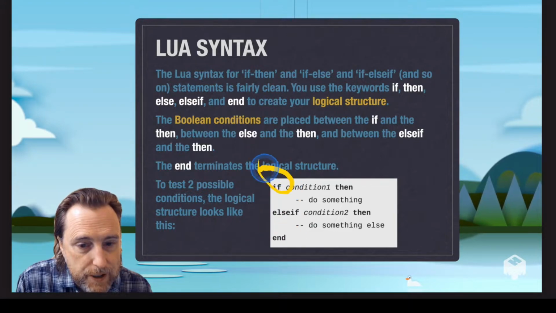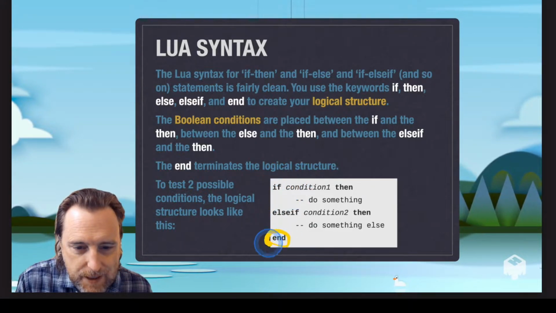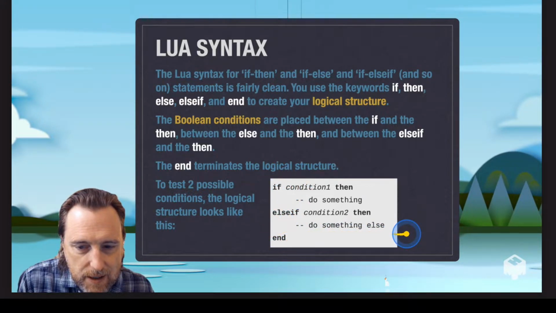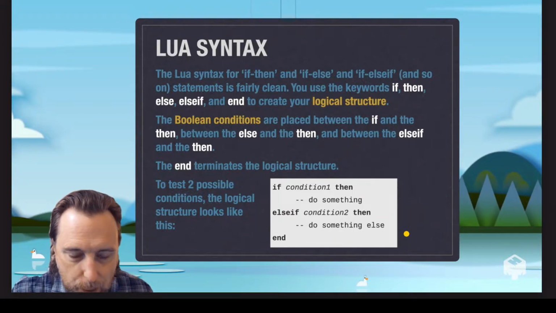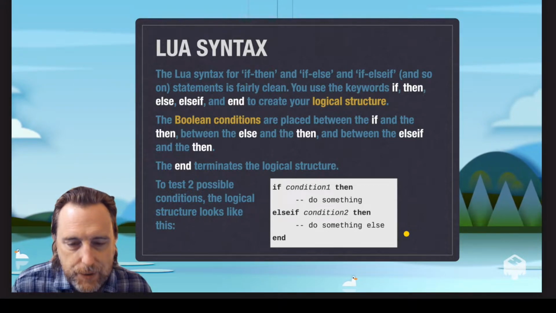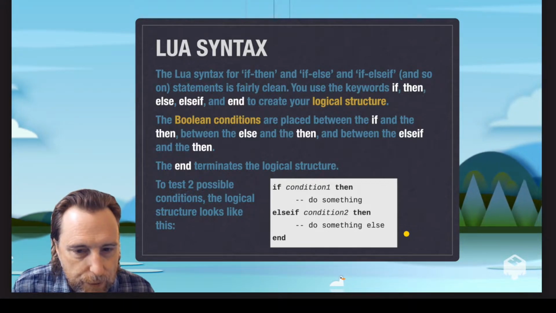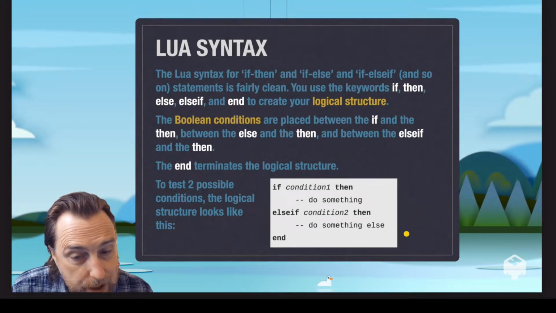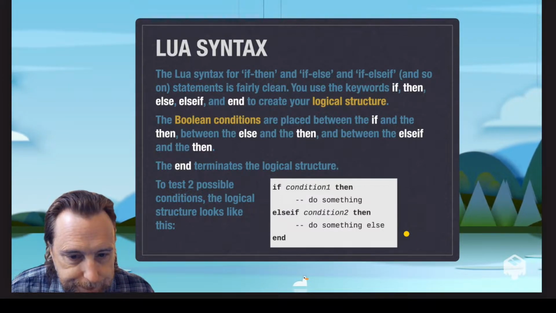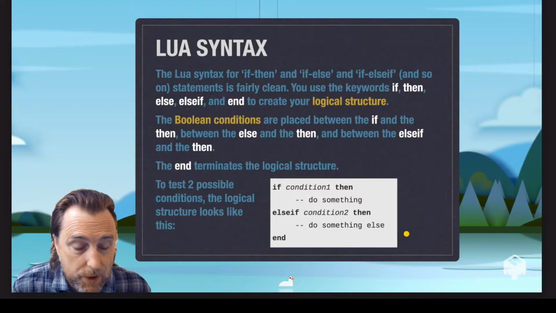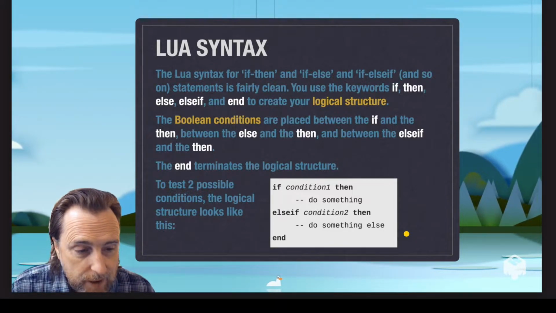So it starts with if, it ends with end, and in between, you depict your logic using these keywords. You place the code that you want to execute for a true condition in between the then and the next keyword.